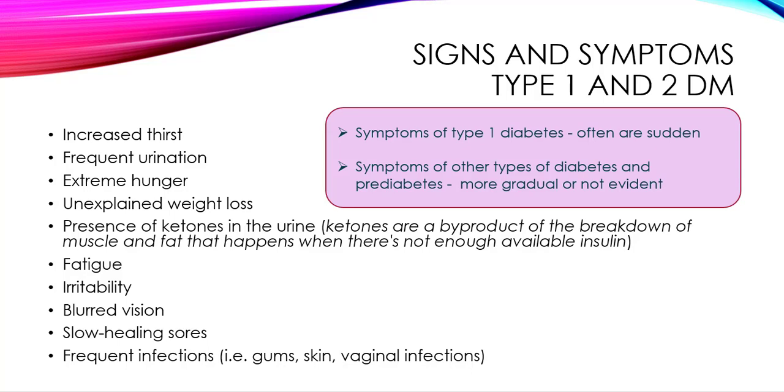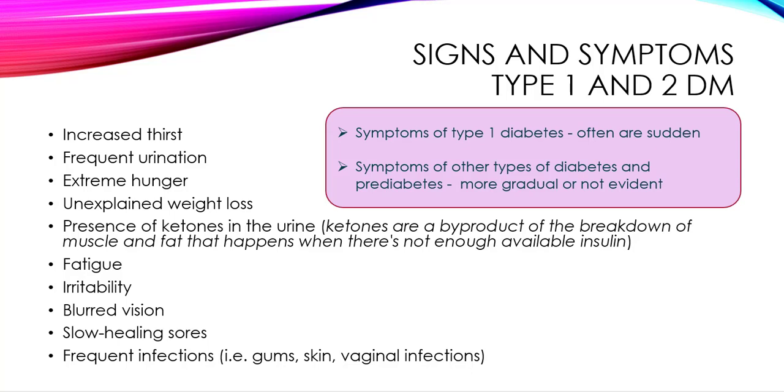Another sign of diabetes type 1 and 2 is the presence of ketones. Ketones are a byproduct of the breakdown of muscle and fat. In the beginning, you heard me say that we do need glucose, that we do need sugar, because that is the source of energy for our cells.